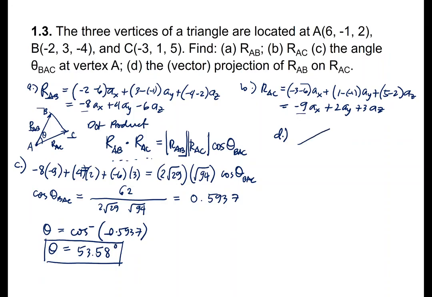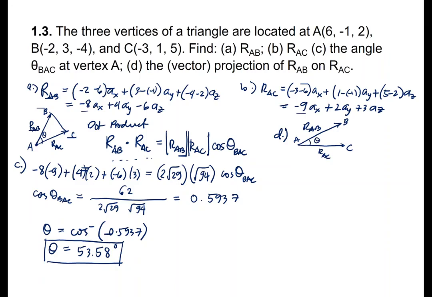So let's say this is your RAB, the vector from A to point B. The projection of that vector to vector RAC, and we know already that the angle is theta.